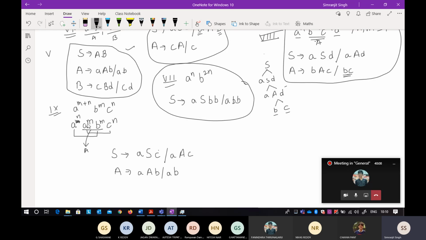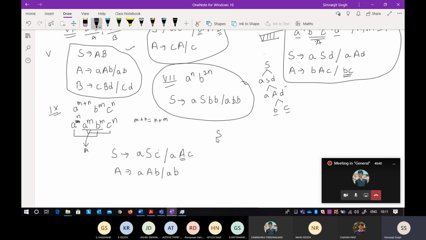So a raised to power m plus n and a raised to power n plus m are one and the same thing, because the plus symbol is associative. You can write it like this. So in this way, you can consider this m and m as one variable, and this a and c as a different variable. So a raised to power m and b raised to power m is coming under A, and a and c is coming differently.